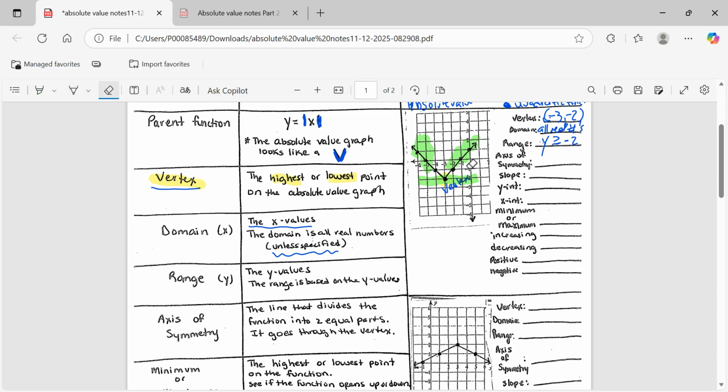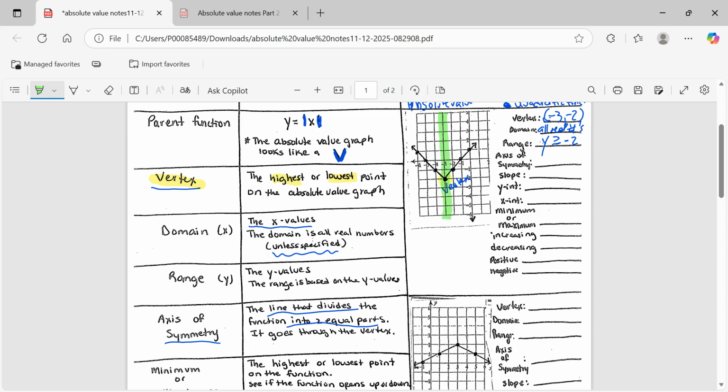The axis of symmetry is going to be the line that divides the function into two equal parts. If we think about the word symmetry, we are symmetrical persons. It cuts something in half evenly. So the axis of symmetry is going to divide this in half, straight up and down.